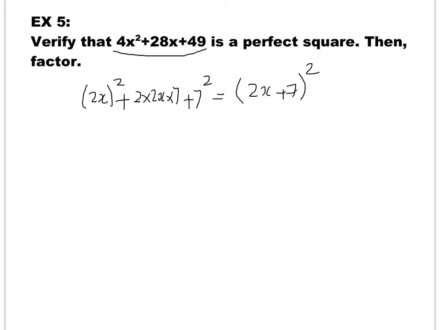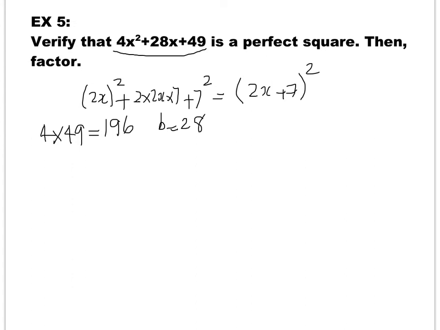Another way of doing it is to use the technique that we had before. Since the leading coefficient is 4 and it's not 1, I am going to multiply 4 by 49. So I'm going to say 4 times 49, which is going to give me 196, and b is equal to 28.